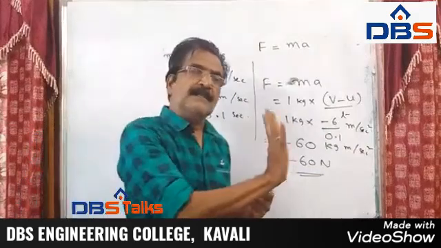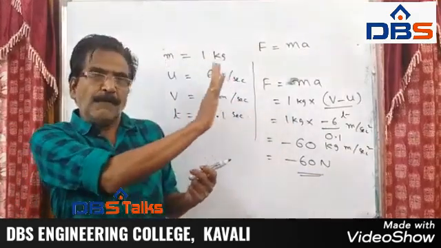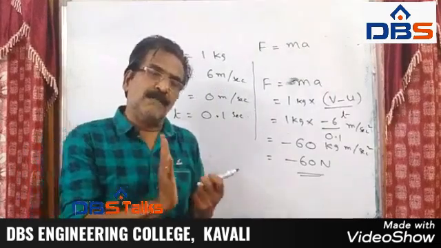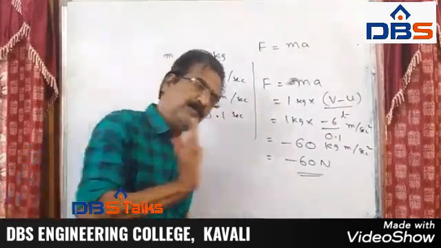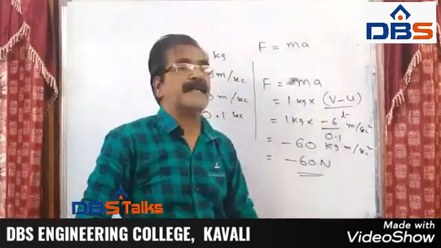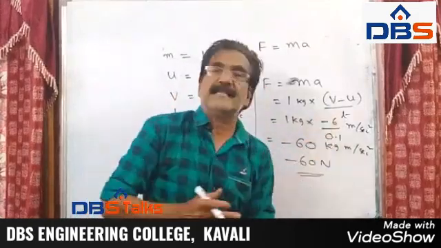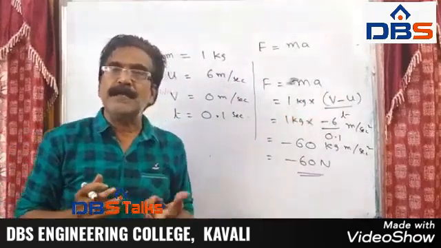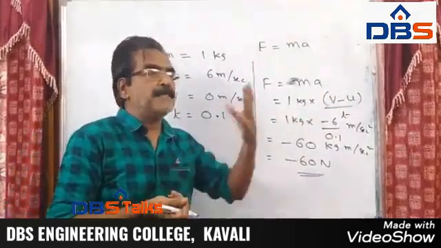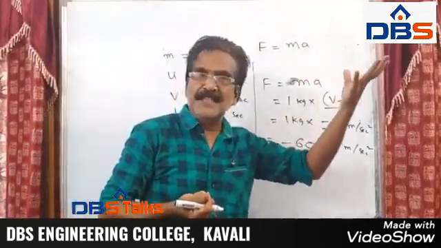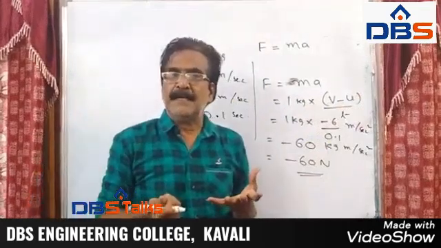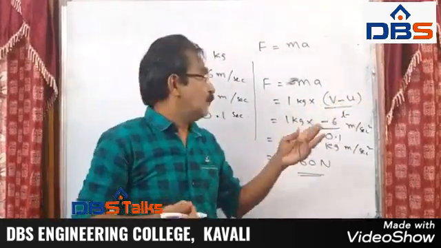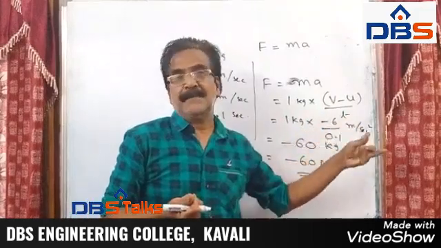The retarding force, because we have to stop the hammer. The wall has to use some force to stop the hammer. So that is called retarding acceleration and retarding force. This minus 60 meters per second square is the retarding, negative acceleration to stop the hammer. The speed of the hammer is decreasing from 6 meters per second to 0 meters per second, so we got the acceleration in minus.